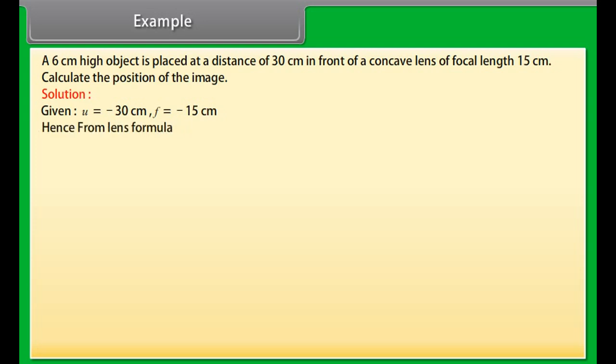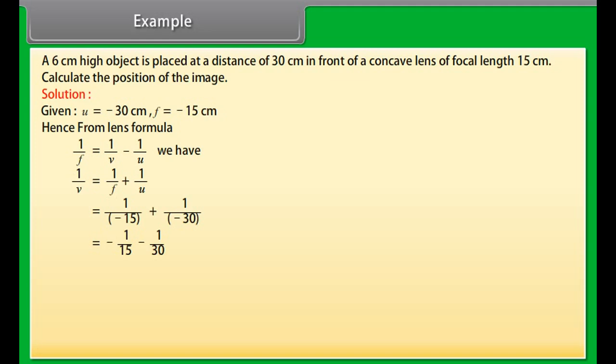Hence, from lens formula, 1/F = 1/V − 1/U. We have 1/V = 1/F + 1/U = 1/(−15) + 1/(−30) = −1/15 − 1/30 = −3/30, or V = −30/3 = −10 centimeters.